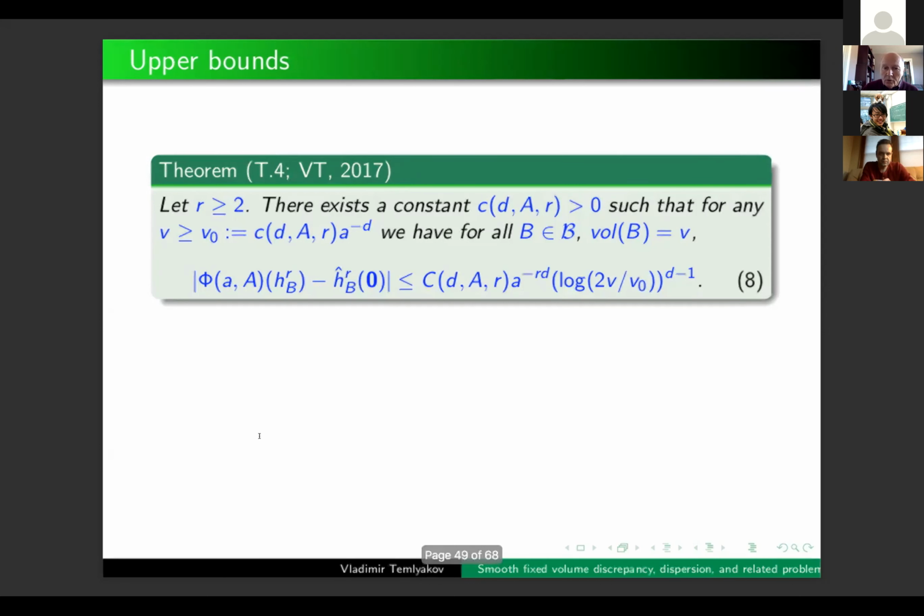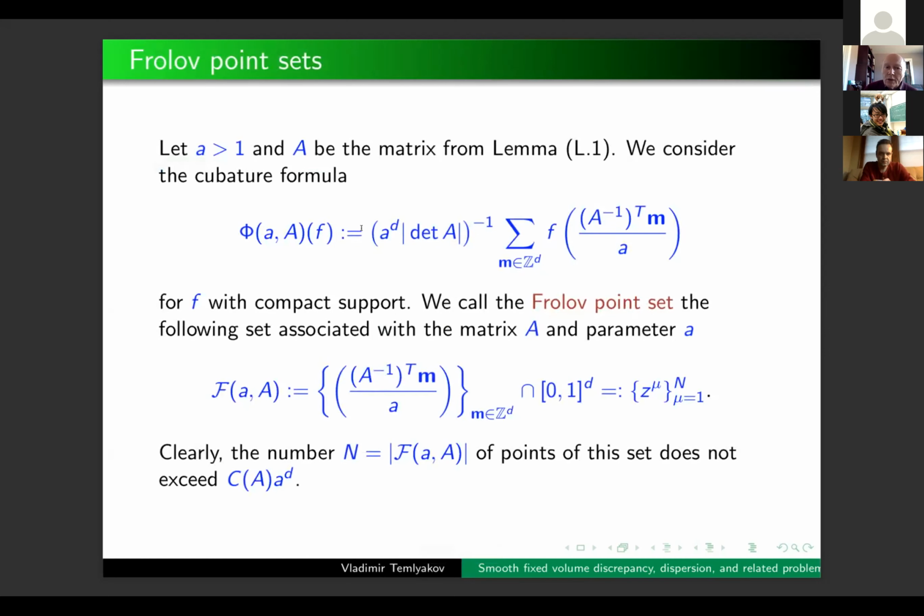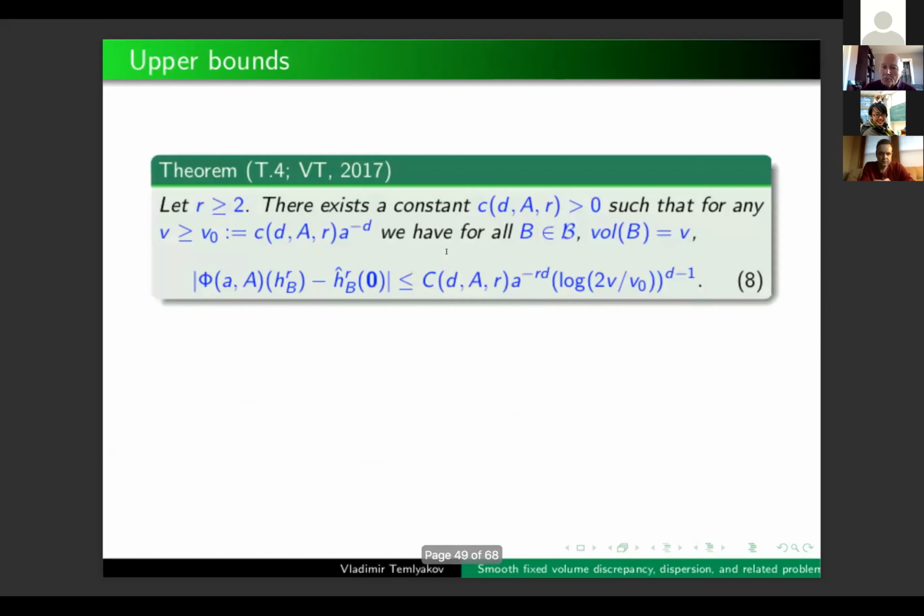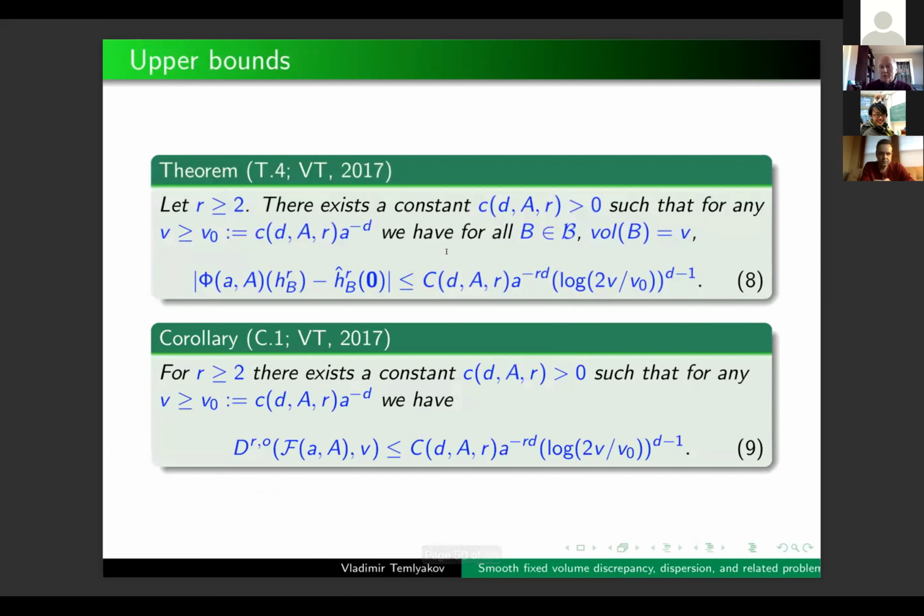These are cubature formulas. They also have the same weights, but this is not 1 over n. It's close, but it's not exactly 1 over n, and this notation is n. So in that sense, formally, these are not quasi-Monte Carlo cubature formulas. But if we consider arbitrary weights, which is allowed, then it will give us the upper bound.